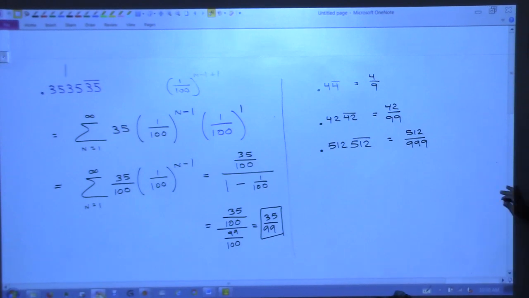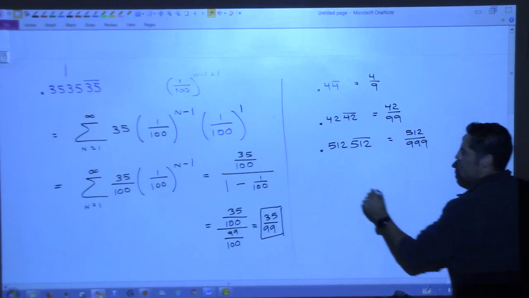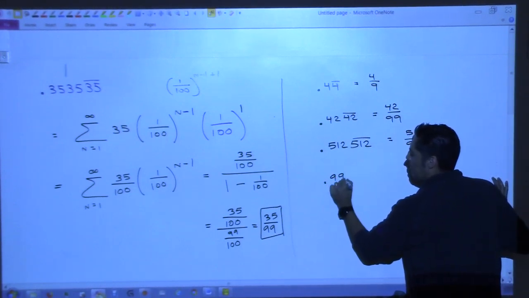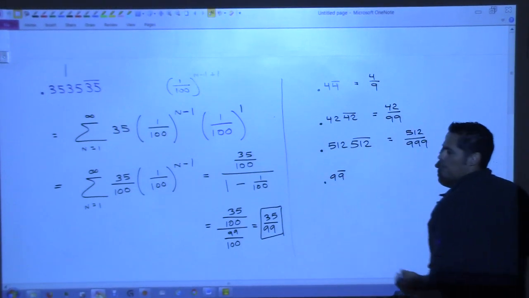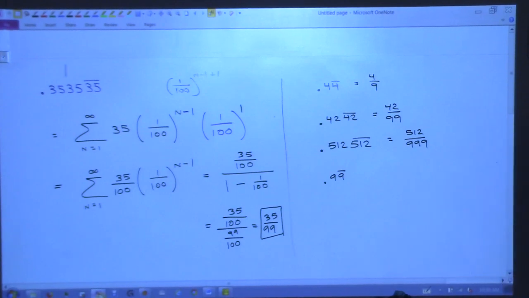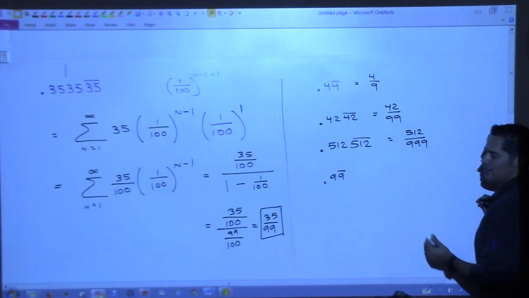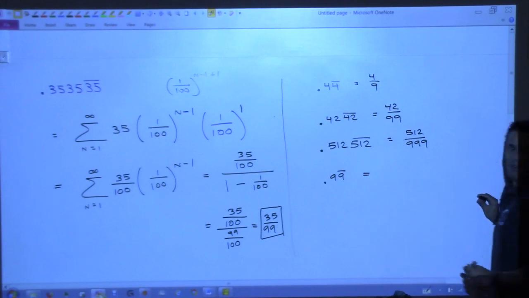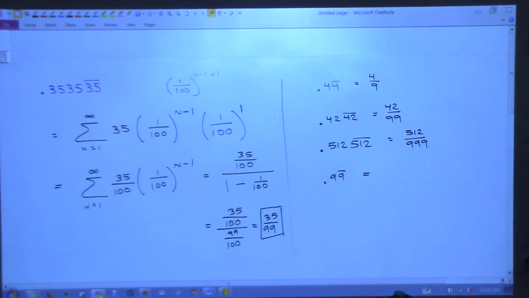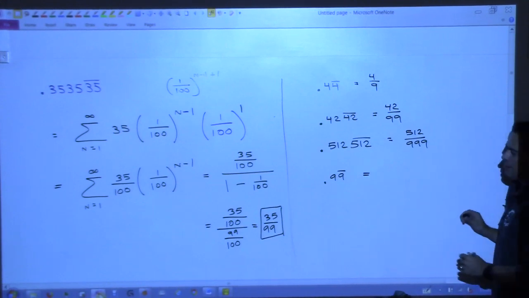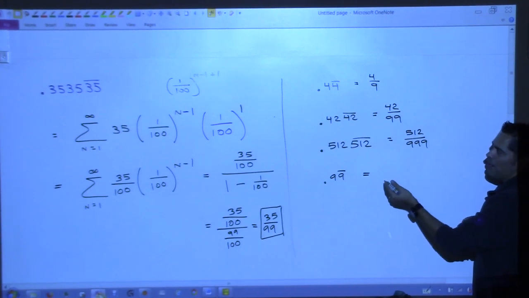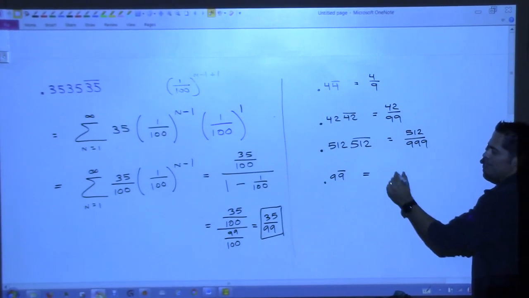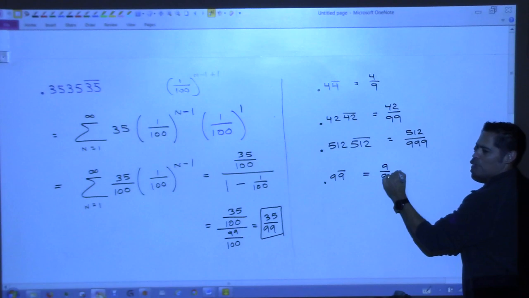Now, this leads to something really crazy. What's 0.99 repeated? Yeah, we did talk about this, right? If you're going to follow this formula, what would it be? It'd be 9 over 9, which would be 1.